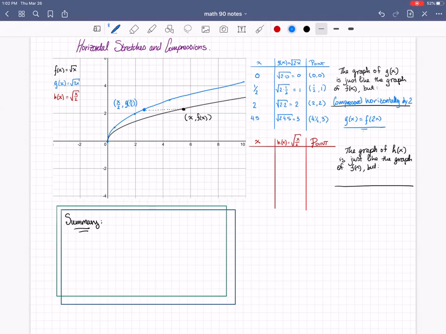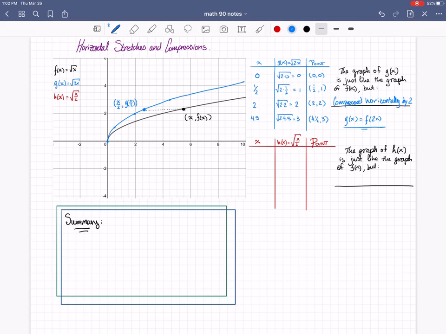So in order to find a point on f that has the same y-coordinate, you need to take a point whose x-coordinate is double what it was with g. So you see here, when you replace x with 2x, that's actually a horizontal compression.